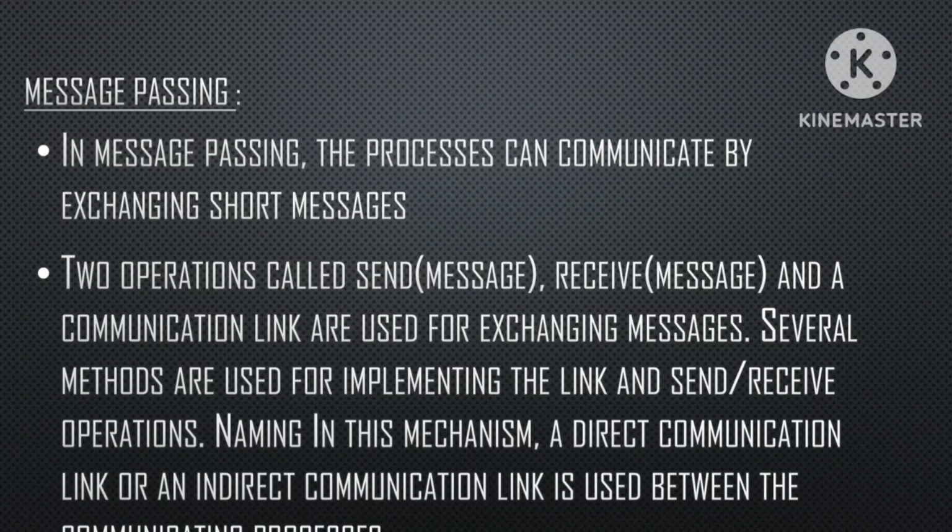That's what message passing is, and that's how it works. In message passing, send and receive operations and a communication line are used for exchanging messages. Several methods are used for implementing the send and receive operations. Under naming in this mechanism, direct communication or indirect communication is used between the communicating processes.